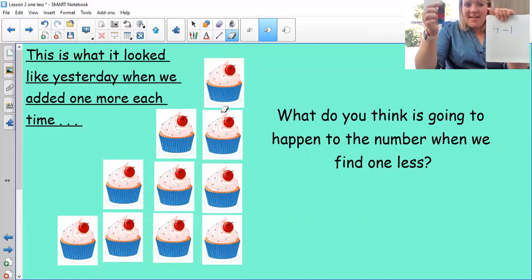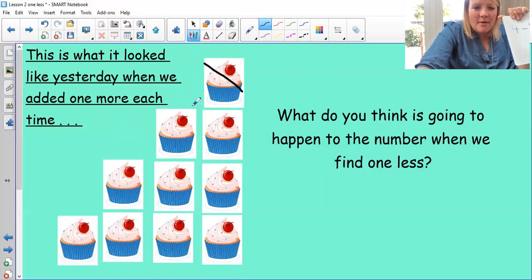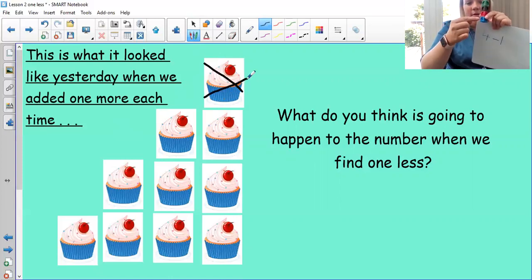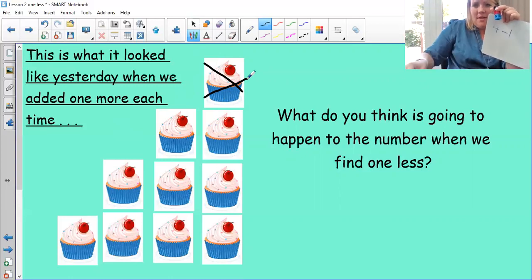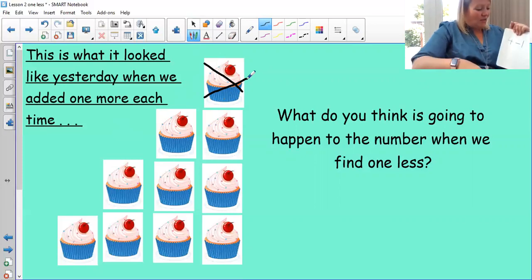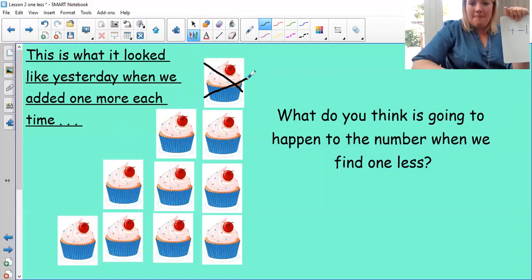Okay, so if I take away 1, I'm going to cross through it to show I've taken away 1. I'm going to show it here by going 1, 2, 3, 4. Take away 1, put it over here. And how many am I left with? 1, 2, 3. So 4, take away 1 is 3.